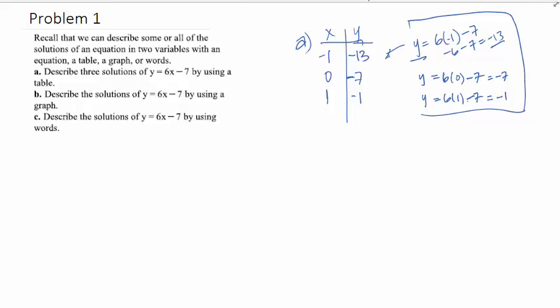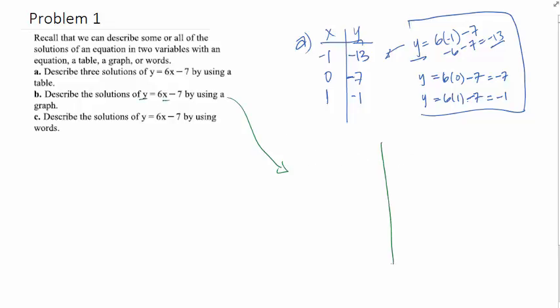Part B, describe the solution by using a graph. So the graph, since there is an x variable and a y variable, our graph should be a two-dimensional graph with an x-axis and a y-axis. And what we can do is simply plot these points.